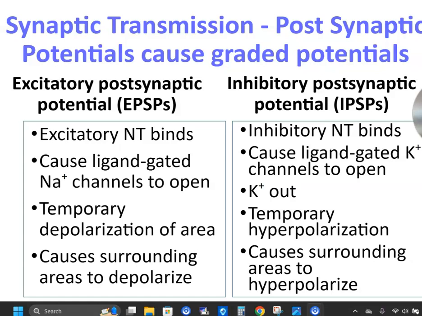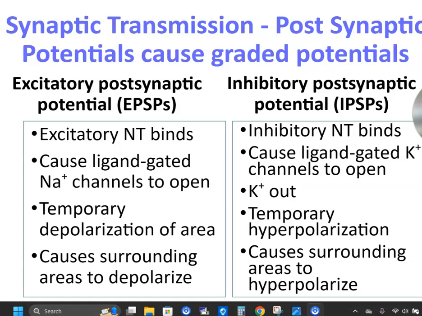But some neurotransmitters don't cause EPSPs. They cause IPSPs. IPSPs are inhibitory postsynaptic potentials. When an inhibitory neurotransmitter binds to a postsynaptic cell receptor, it's going to cause ligand-gated potassium channels to open. But now potassium doesn't go into the cell. Potassium moves out of the cell. So now you have positively charged things leaving the interior of the cell, moving to the outside, and that's going to cause the inside of the cell to become more negative.